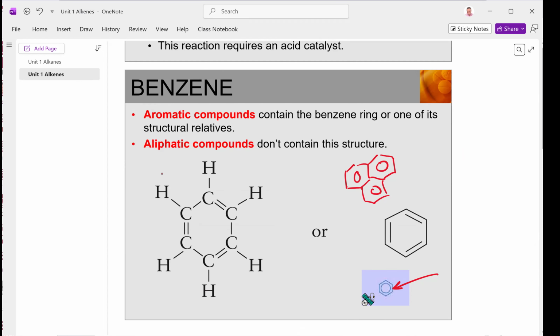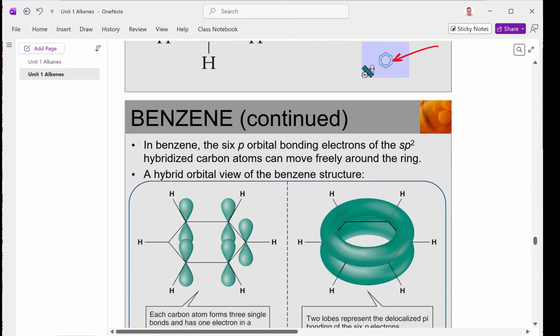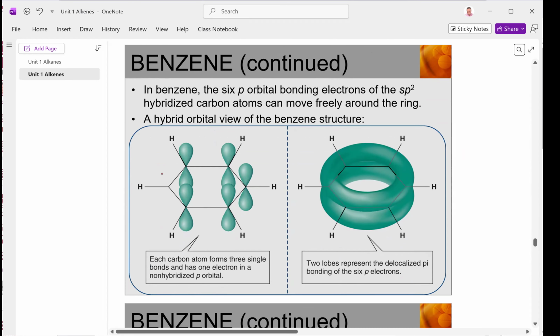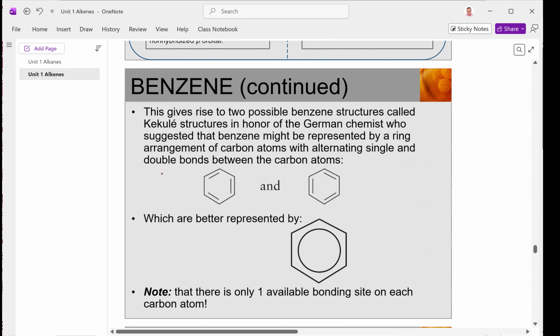Okay, so there's two basic compounds. Aromatic compounds contain benzene. Aliphatic compounds don't contain benzene. And we are not doing bond hybridization.